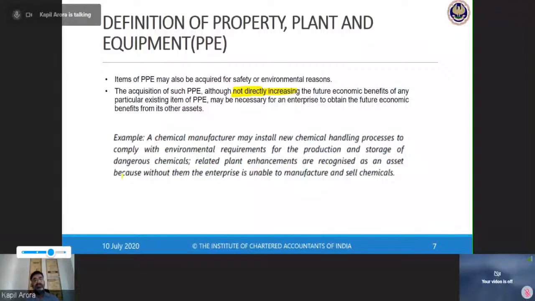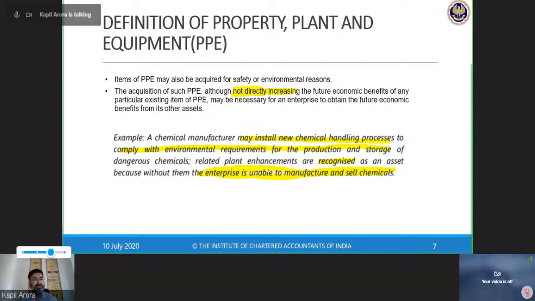A chemical manufacturer may install a new chemical handling process to comply with environmental requirements for the production and storage of dangerous chemicals. These will be recognized as an asset, because without them the enterprise is unable to manufacture and sell the chemicals. So even though they are not contributing directly, they contribute indirectly in the business. So it becomes very important.